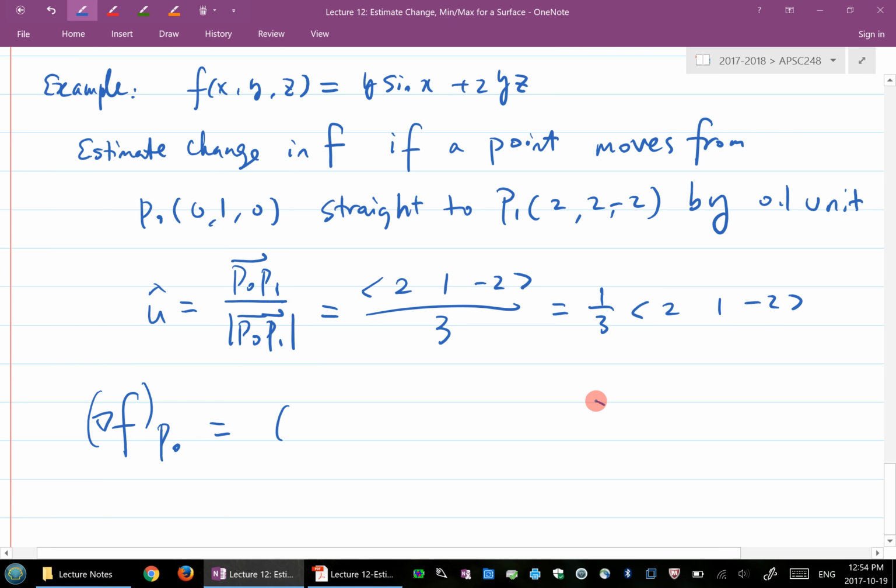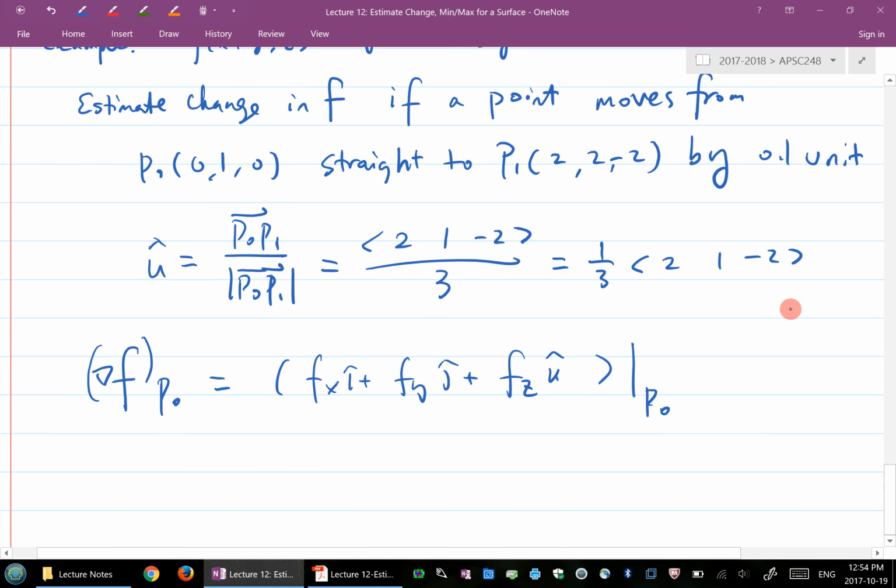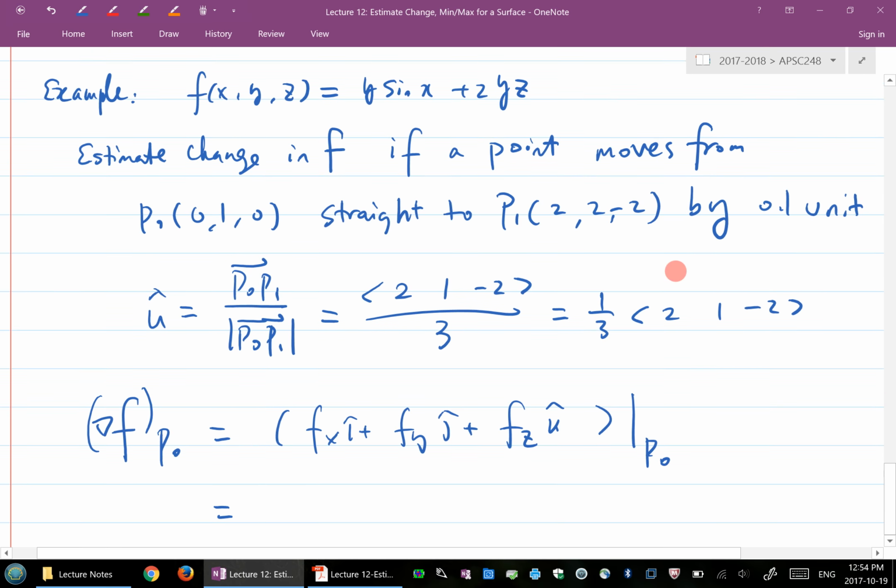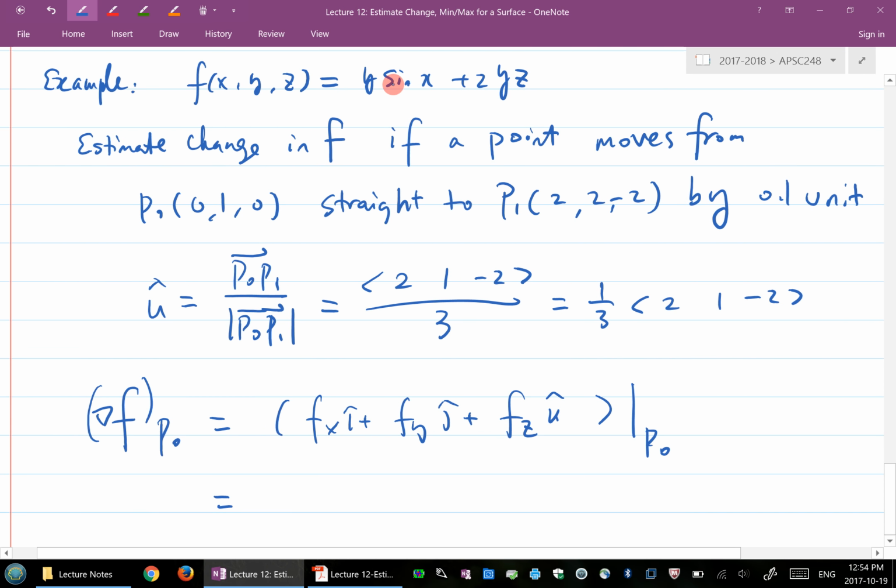First, calculate the gradient vector. So this is your function f here. The gradient vector has fx, fy, and then fz. Given the current function, fx will be y times cosine x.